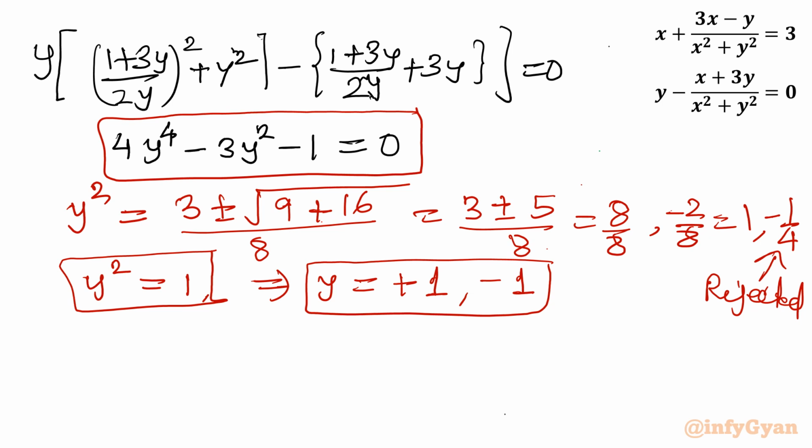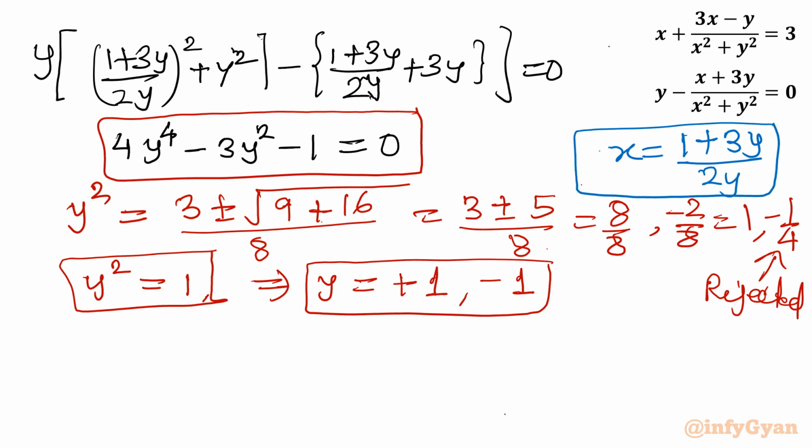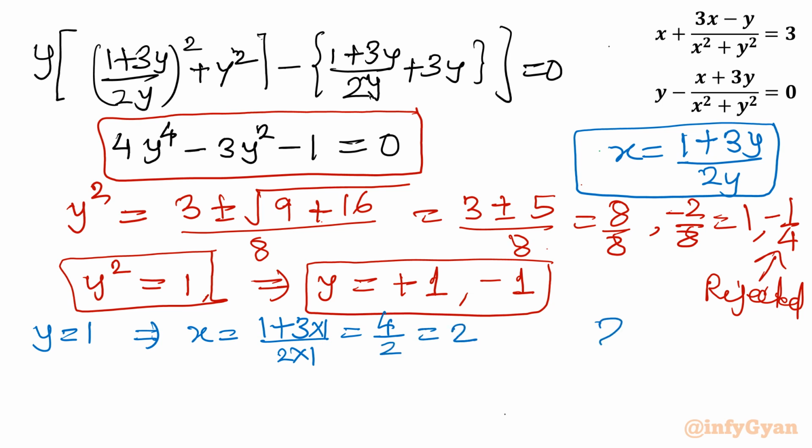Now we know that formula which we derived: x is equal to 1 plus 3y over 2y. The conversion between x and y. So once y equal to plus 1, x will be equal to 1 plus 3 into 1 over 2 times 1. So 4 over 2, so 2. So coordinate becomes 2, 1.